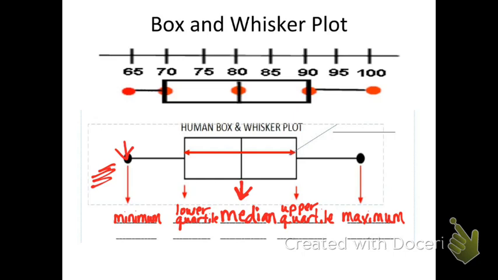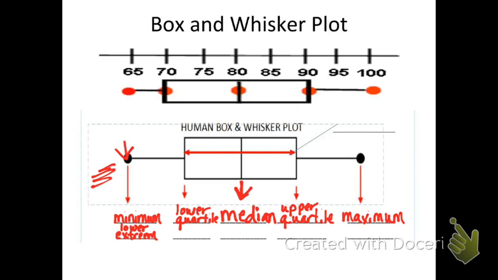Now, this is one set of words that refers to a box and whisker, but there's a whole other set of words, and we're going to talk about those now. We're going to start with the smallest one. It's called the lower extreme. The lower extreme.